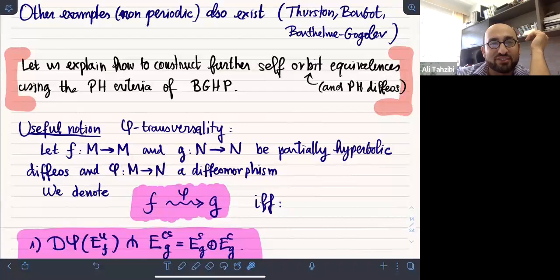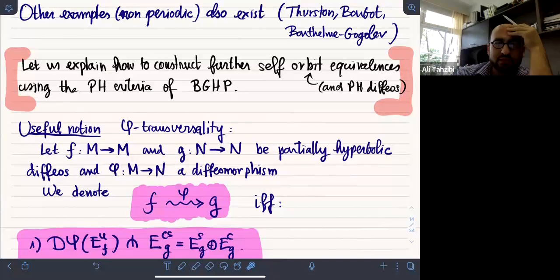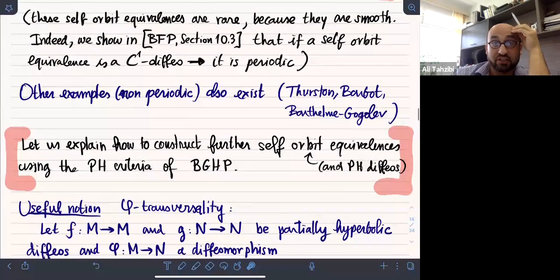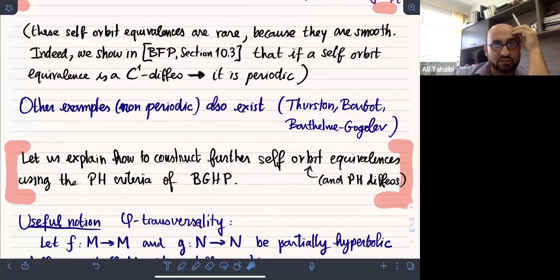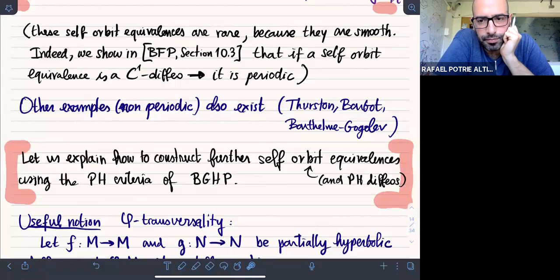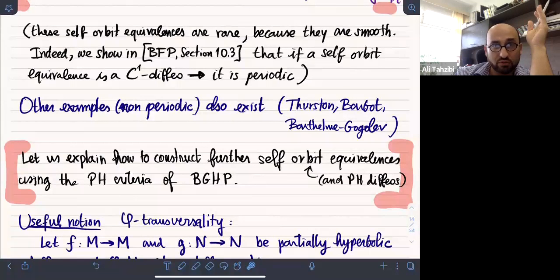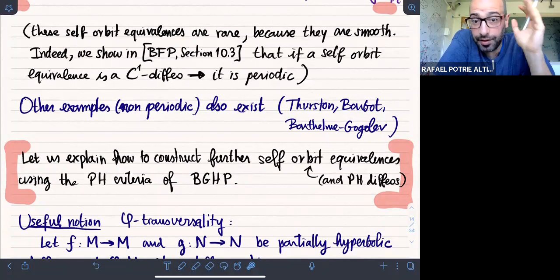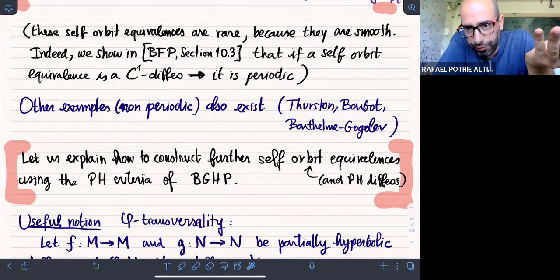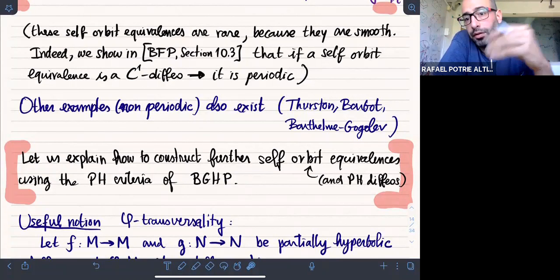Rafael, I'm sorry, can I interrupt you? Yes. About this, you said that if the self-orbit equivalence is smooth, a diffeomorphism, then it should be really periodic. Do you assume something on your manifold, or are you taking a finite cover? It's a three manifold, and you have an Anosov flow there, and if you have a self-orbit equivalence which is a diffeomorphism, then it's periodic.